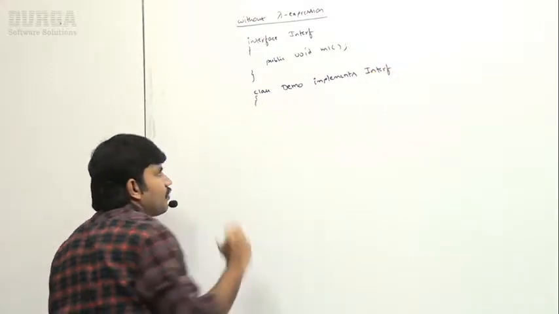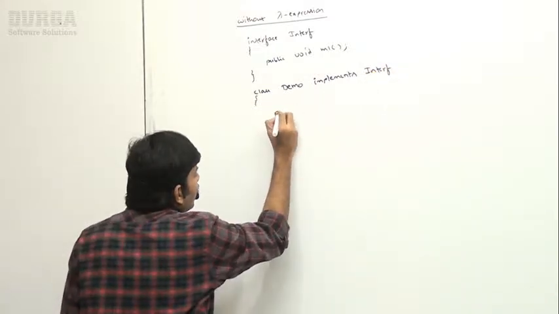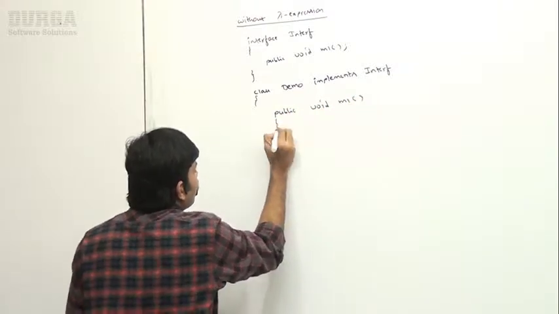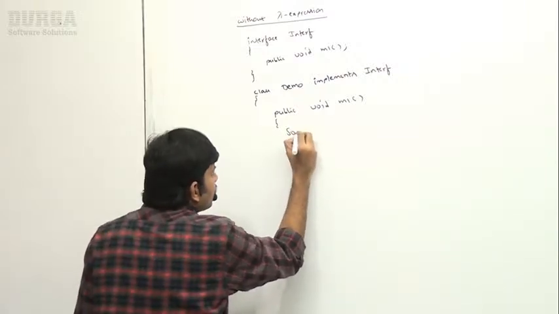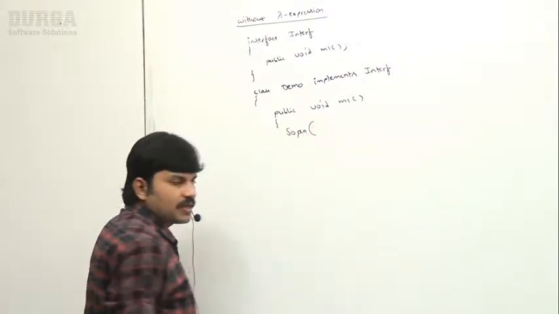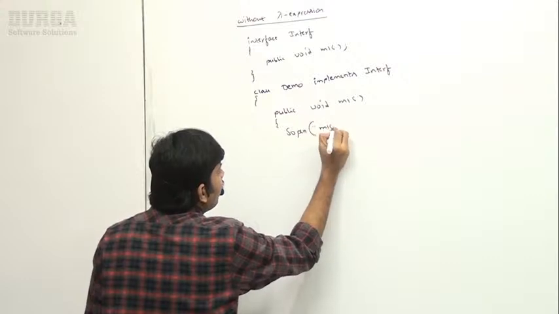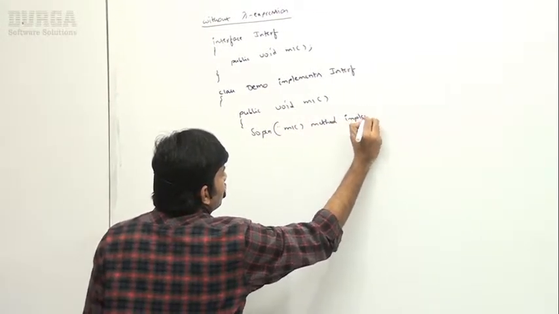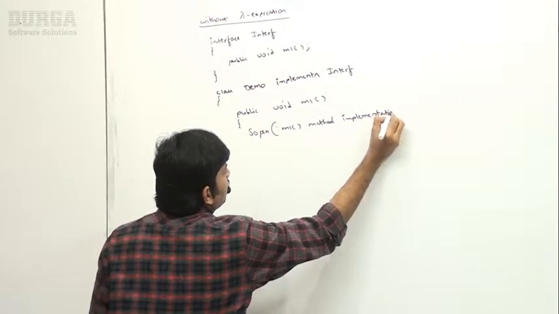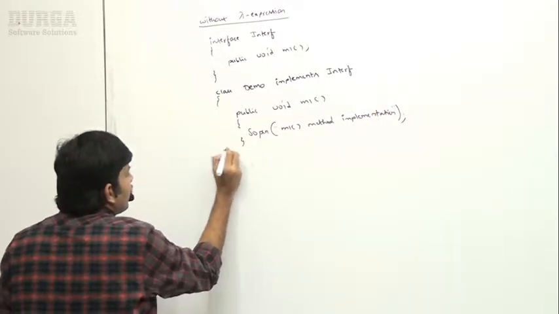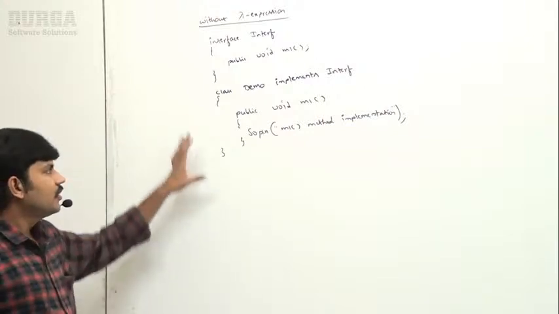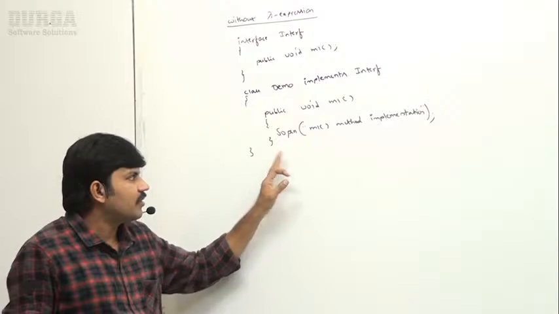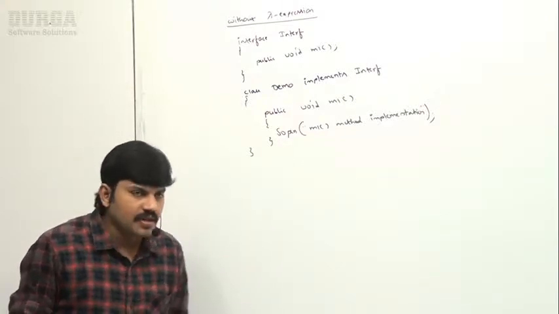Now I'm taking public void m1, System.out.println("m1 method implementation"). Like this I'm taking. Observe, class Demo implements Interf, public void m1 method implementation, like this, right?